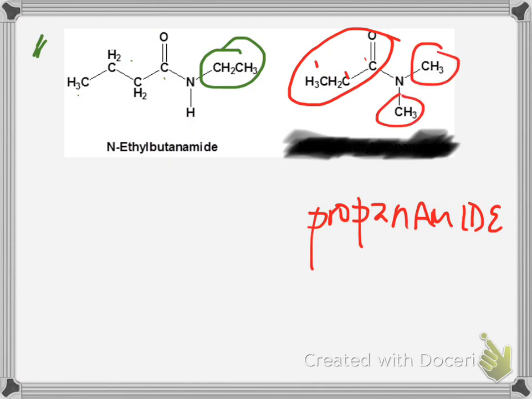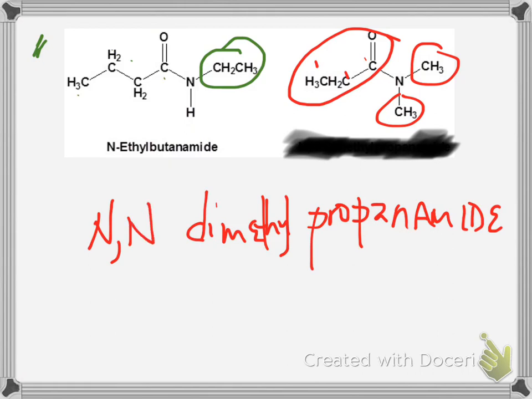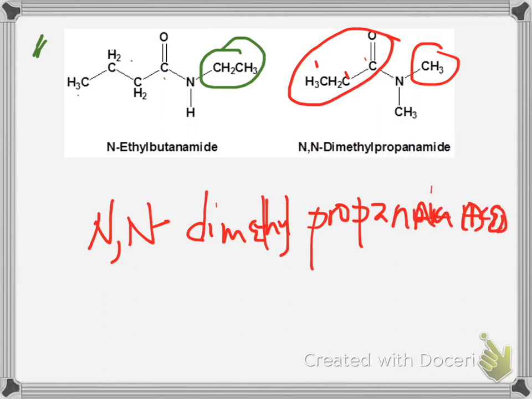So that becomes dimethyl. And we have to give it 2 locants. And you have to label both N's in N,N-dimethylpropanamide. You must put both N's. So let's see if we're correct. N,N-dimethylpropanamide.